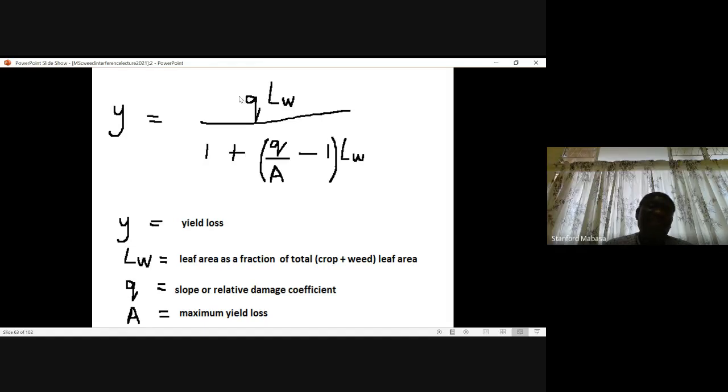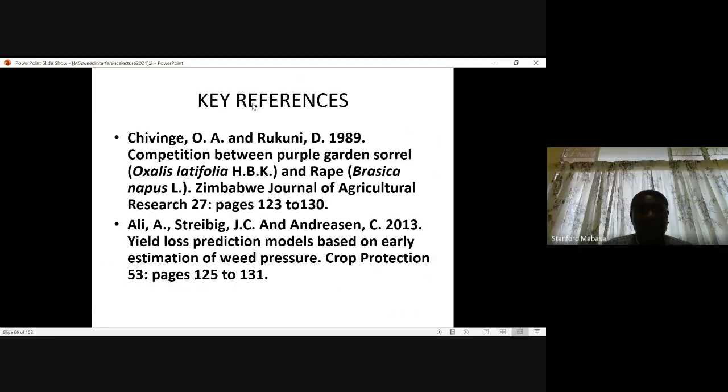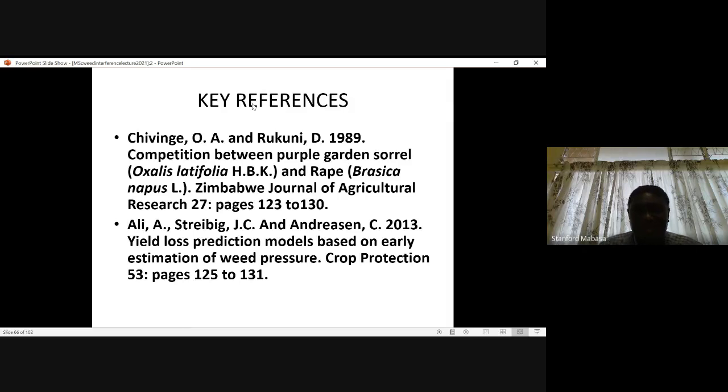The only difference is that where Cousins write I, these authors will have a Q. So these are the references which you may read.